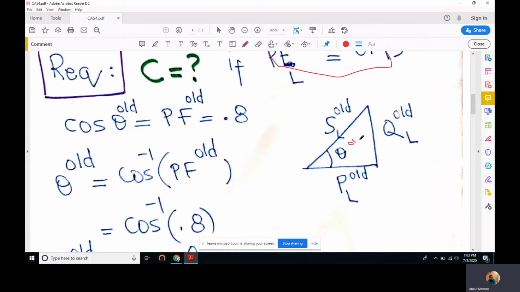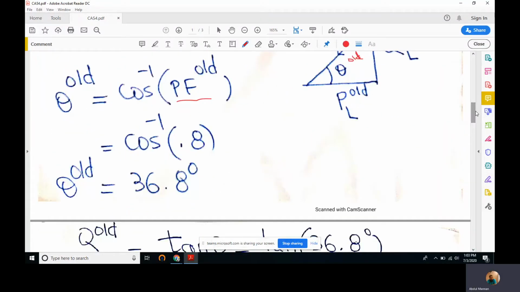We can compute it by taking the inverse cosine of the power factor given. The power factor is 0.8. We know that cosine of this theta is the power factor, as we studied in the last lecture. So the old theta comes out to be 36.8 degrees.